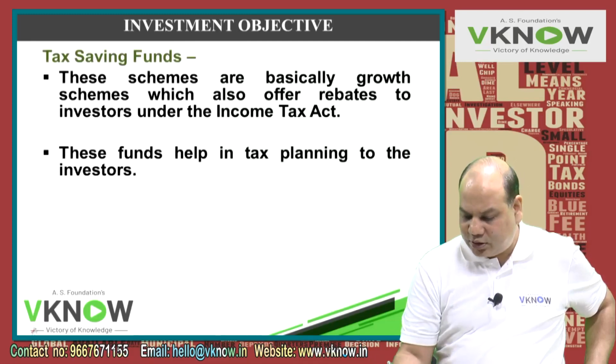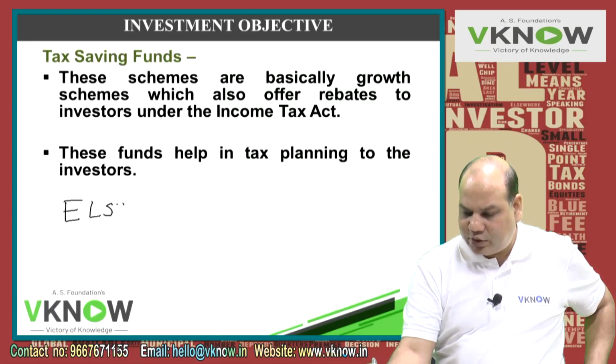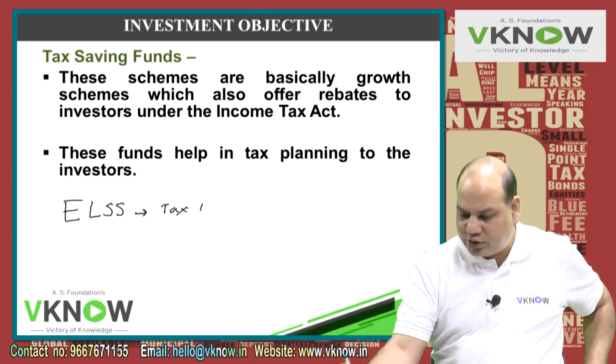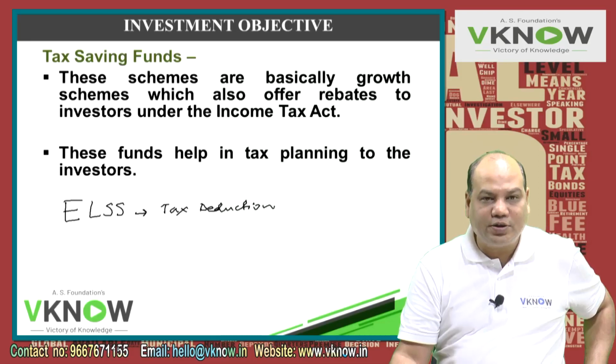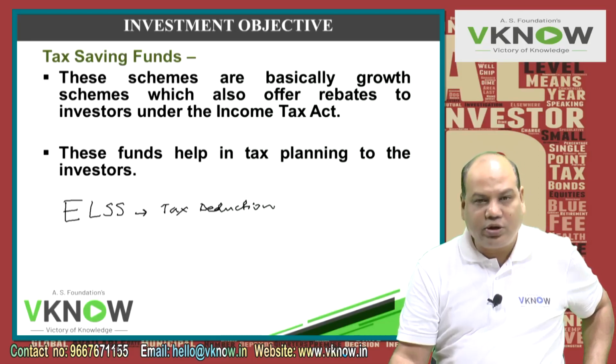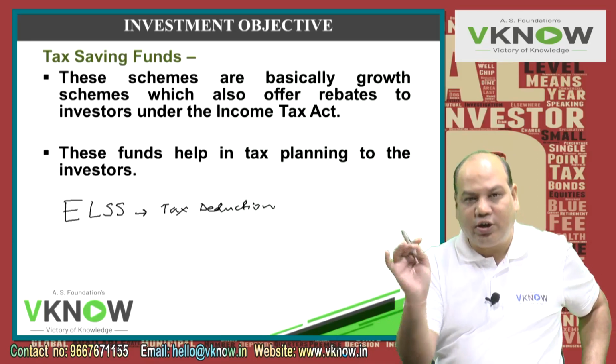And the next one is ELSS, tax saving funds. If you invest in these schemes, you get tax deduction under the Income Tax Act. So this will be useful for your tax planning. So you have to see what is the current tax law, accordingly write a note.